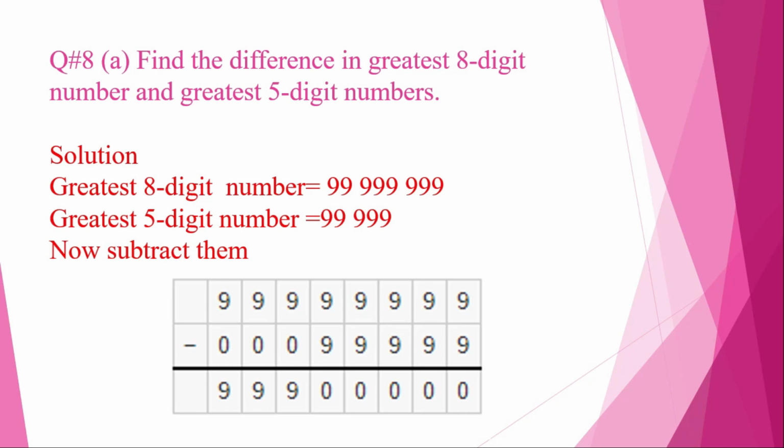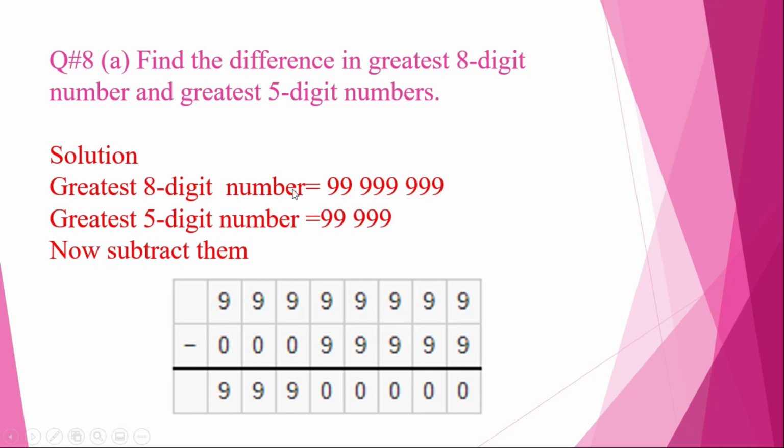Now we will solve question number 8, part A. Find the difference between the greatest 8-digit number and the greatest 5-digit number. Just think about that. What is the greatest 8-digit number? The greatest 8-digit number is 99,999,999 and the greatest 5-digit number is 99,999.